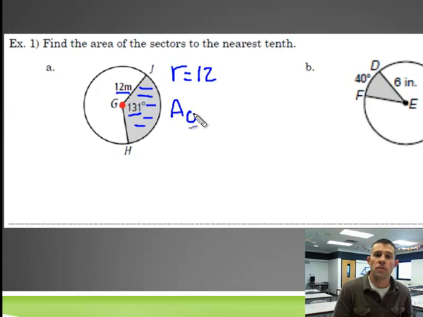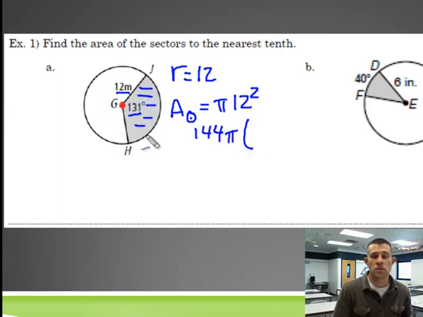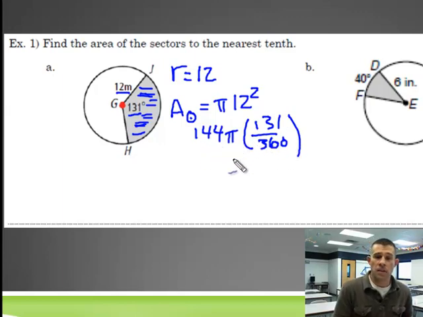I'm going to start off by finding the area of the complete circle. That's pi times the radius squared, or 144 pi. Next, I'm going to multiply that by the percent of the circle that this sector makes up. And the way I find that is I take the central angle, 131 degrees, and divide it by the full 360 degrees of a circle.